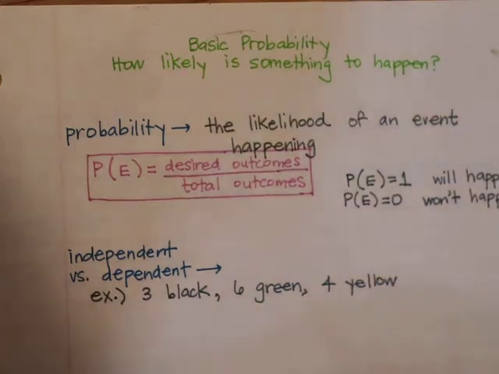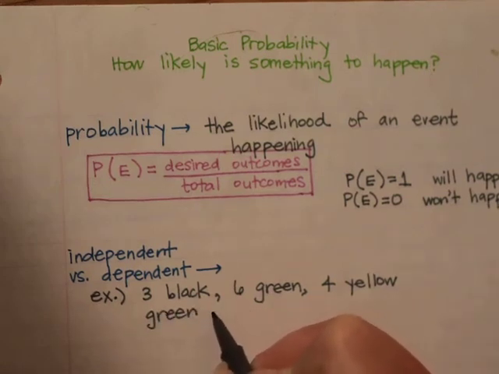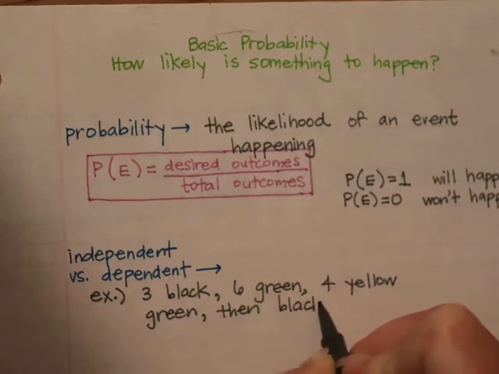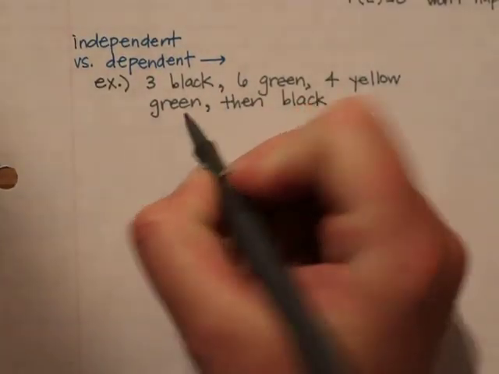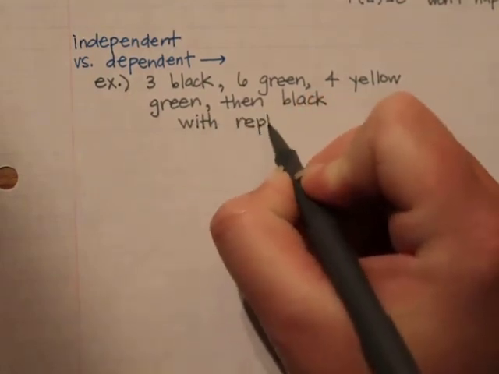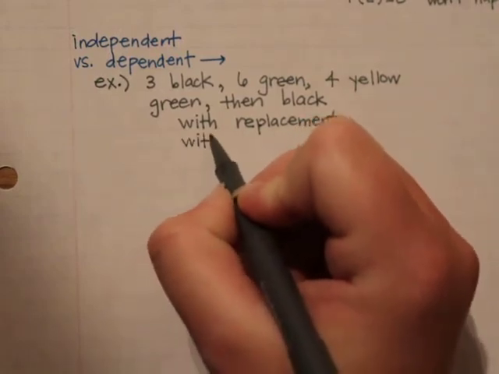And I want to decide what is the probability that I pull out a green marble, then a black. I'm going to show you 2 different wrinkles on this situation. The first is what happens if I do it with replacement, and then what happens if I do it without replacement.